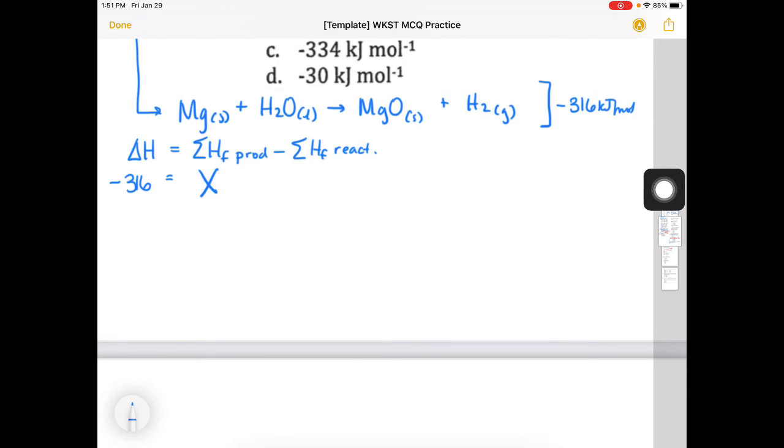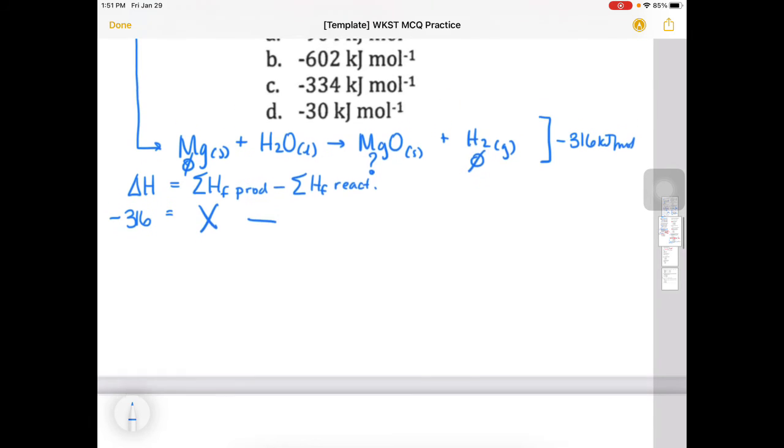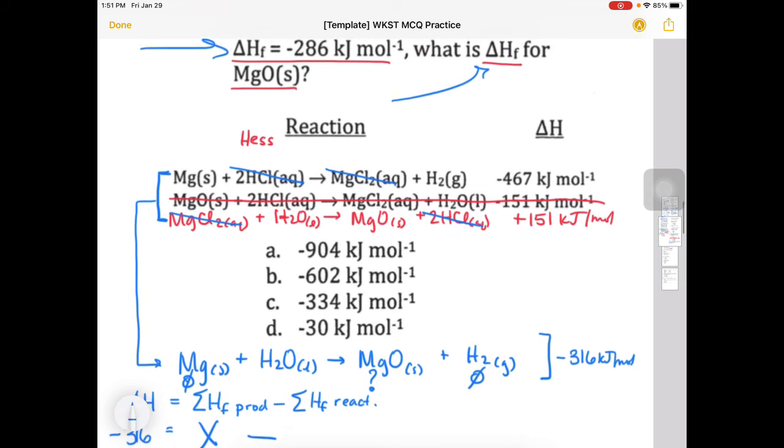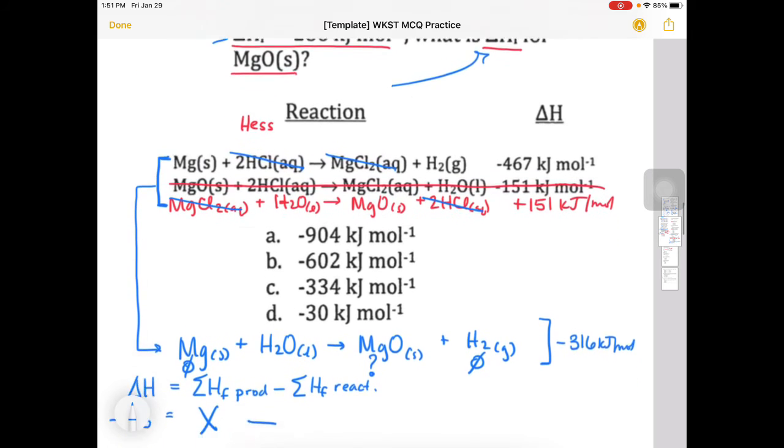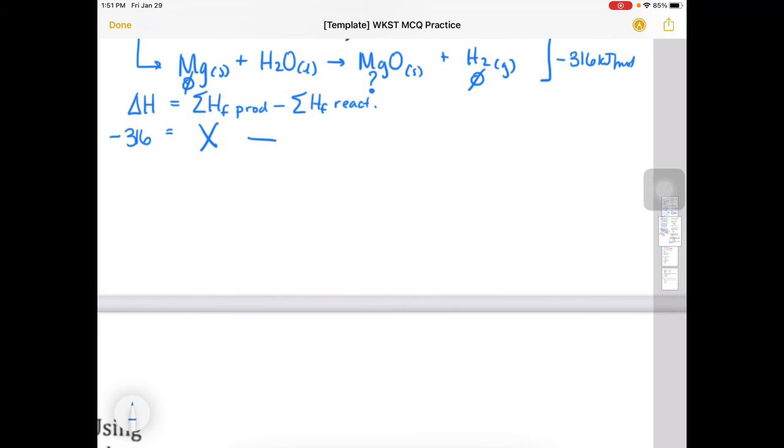Okay, so that's what I'm trying to find. We know that hydrogen is 0. We would also know then that the magnesium on the reactant side is 0. And we're given the heat of formation of water, which is negative 286. So there's my negative 286 that I will just put down here. Okay, so that's all of my reactants that I need to account for. There's all the products I need to account for.